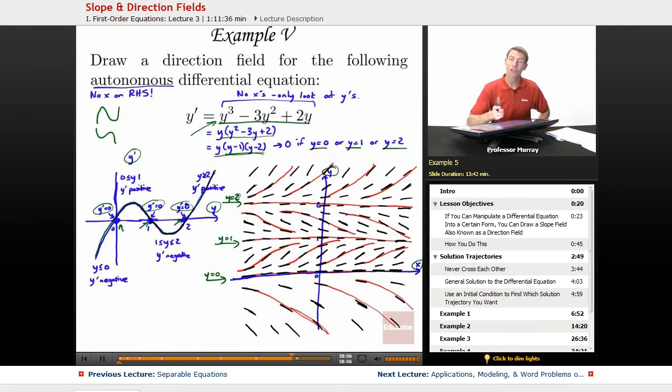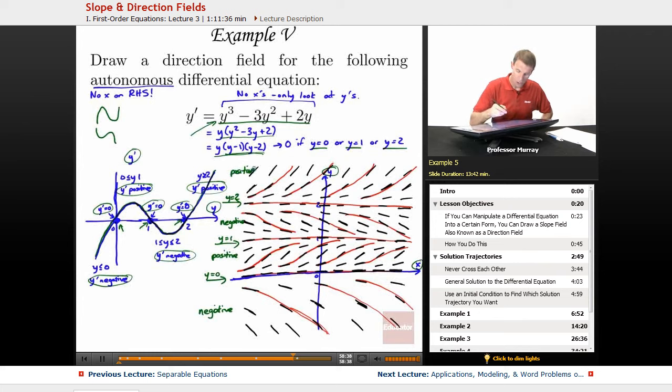And then I look in between those values, and I try to see whether this graph over on the left is negative or positive. So I see that it starts out negative, then it goes positive, then it goes negative, and then it goes positive again. And so when I look at my slopes here, I'm going to draw negative slopes down here, positive slopes down here, up here, negative slopes again, and finally positive slopes.